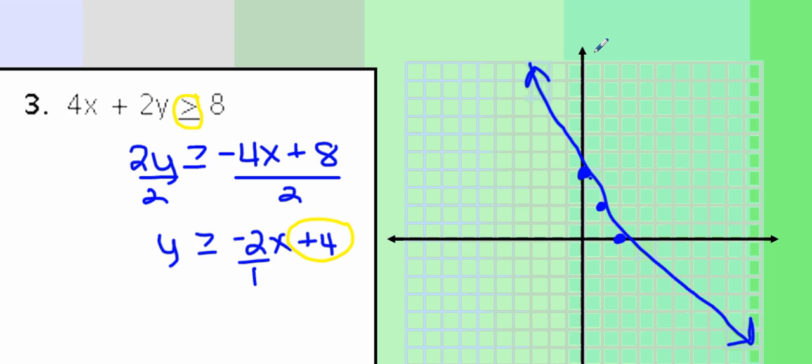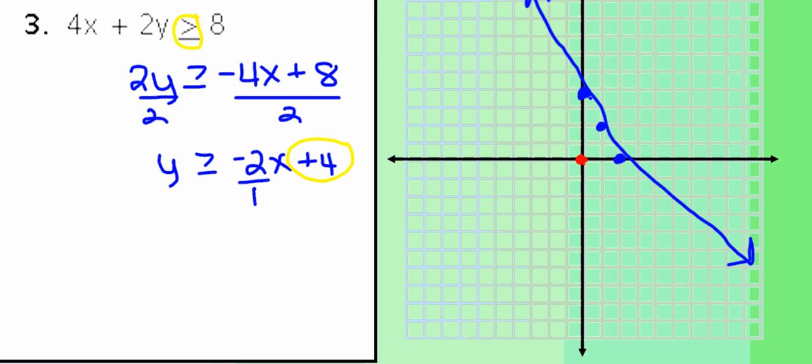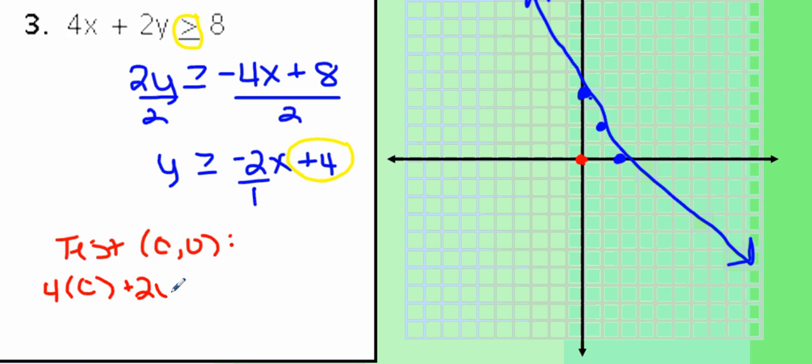The next thing we'll do is test our ordered pair 0, 0. Since 0, 0 is not on our graph, it is just to the left of the graph, we're allowed to test it. So when I test, I'm plugging 0 in for both my x and my y value.